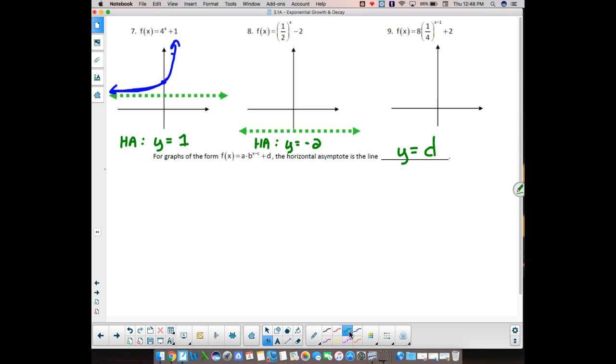Zero gets me 0, right? 0 gets me an exponent of 0. 1/2 to the 0 power is 1. Minus 2 is -1. One gets me 1. 1/2 to the first power is 1/2. Minus 2 is -1.5.